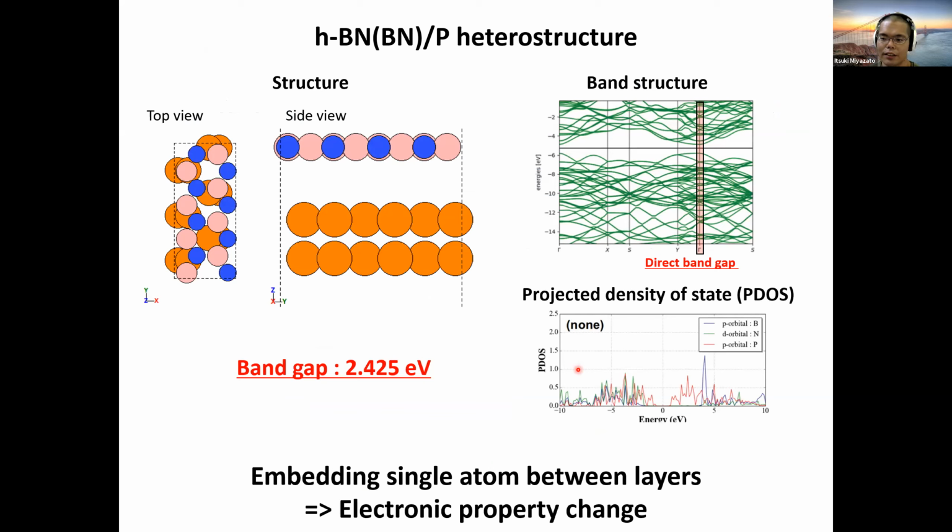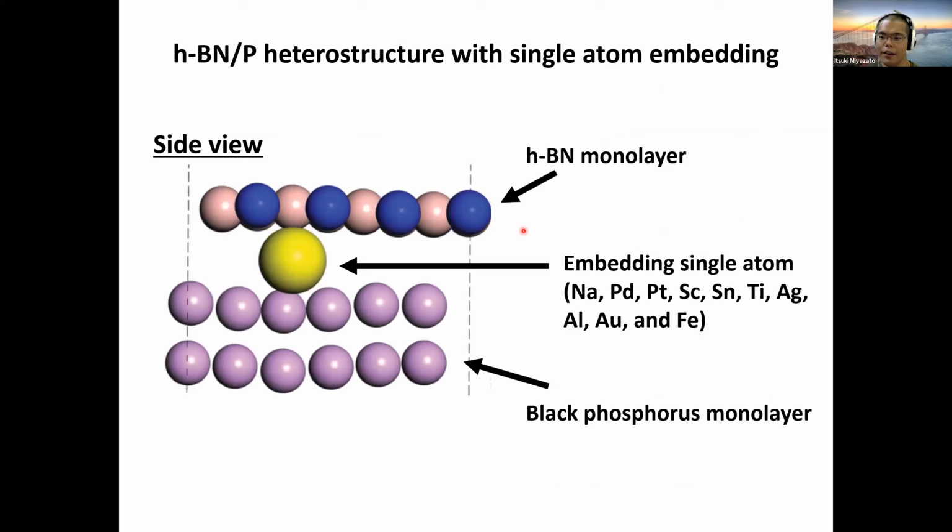This heterostructure was revealed to have a 2.25 electron volt direct band gap. Then a single atom is embedded between the layers and the change of electronic properties is evaluated. Here is the image of the embedded hBN black phosphorus heterostructure.